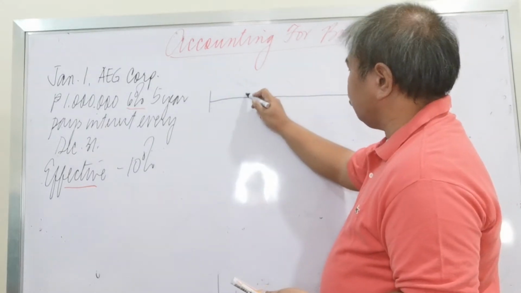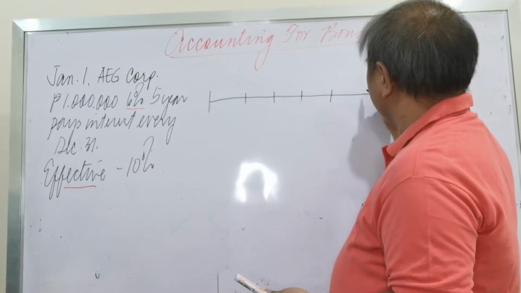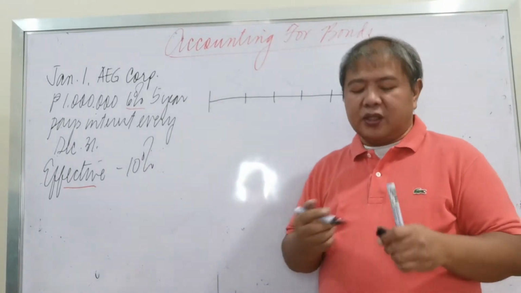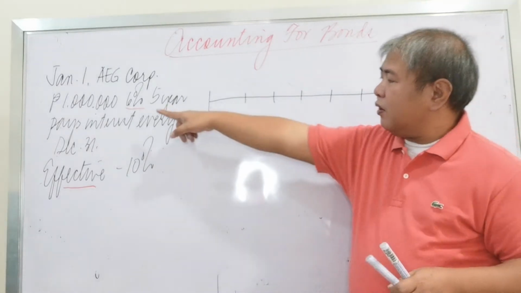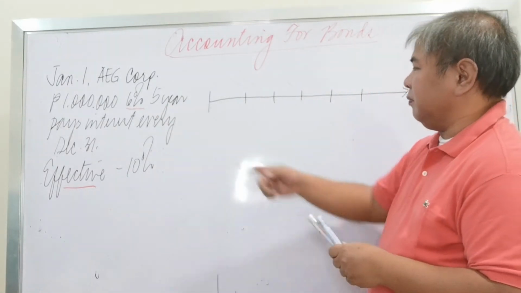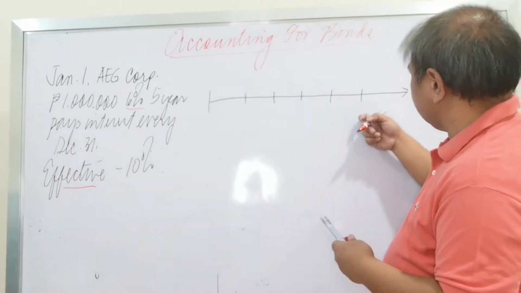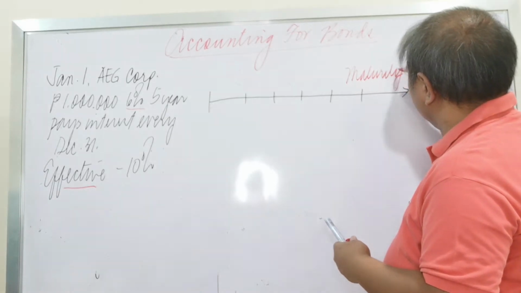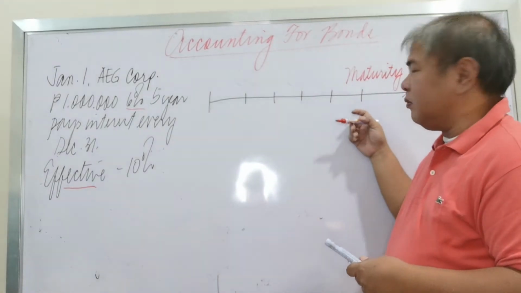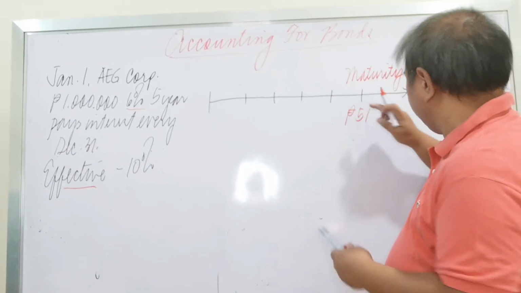So assuming this is 1, 2, 3, 4, 5. Now remember, this is a long-term liability, and as such, the maturity of the obligation is on the 5th year. It's a 5-year loan, so this is the maturity. And at this time, the bond issuer will have to pay the 1 million.